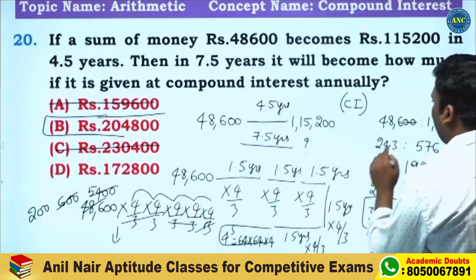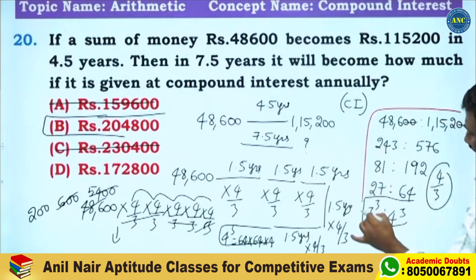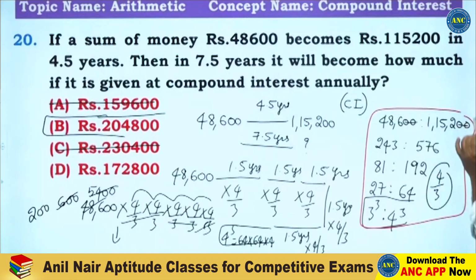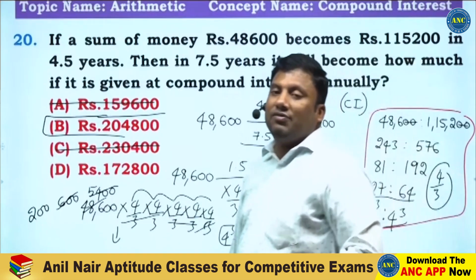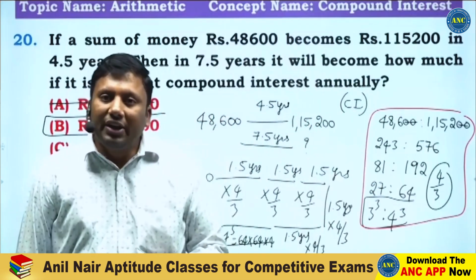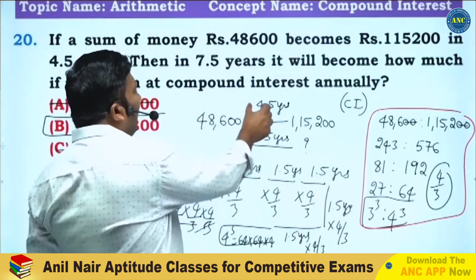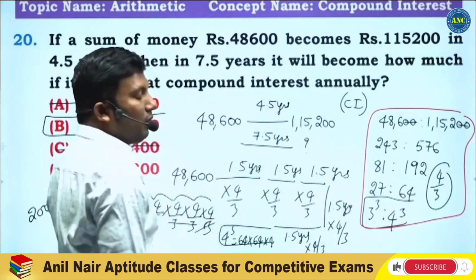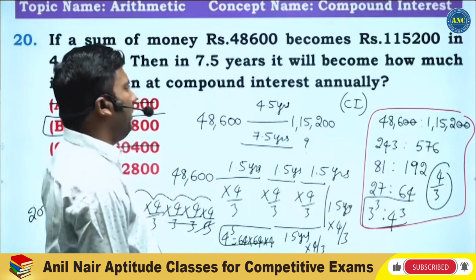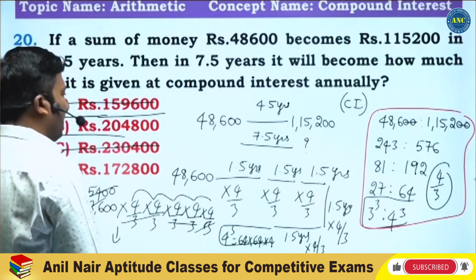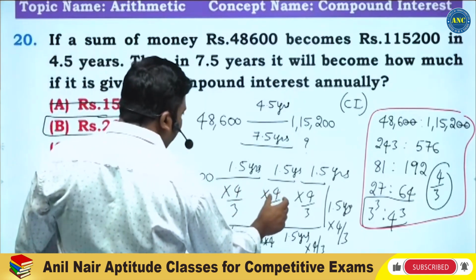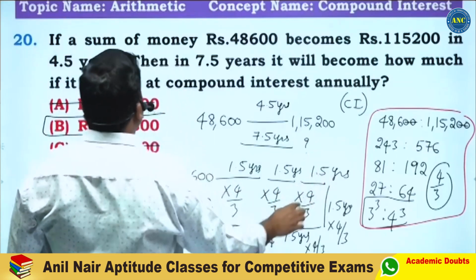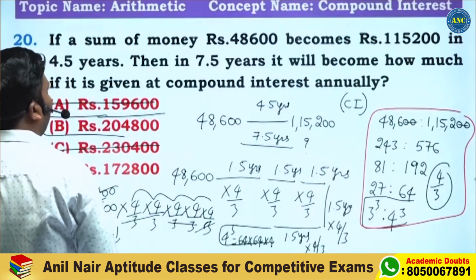Only thing, you need to understand how you are obtaining the scaling factors and dividing the time period. If the scaling factor is 3 cube is to 4 cube, divide the time period into 3 equal parts. So I divided 4 by 3, 4 by 3, 4 by 3. I require 7.5 years.